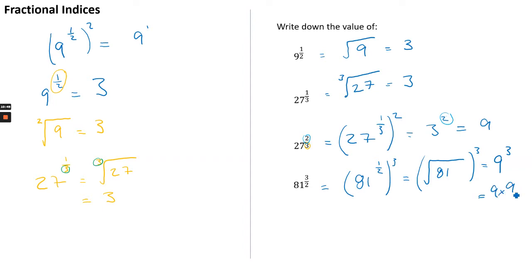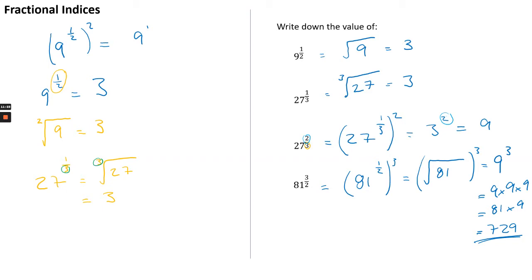That's 9 times 9 times 9. Which is 81 times 9, which is a number I can't work out in my head. 720 plus 729, I think. I do have a calculator. So yeah, 729.